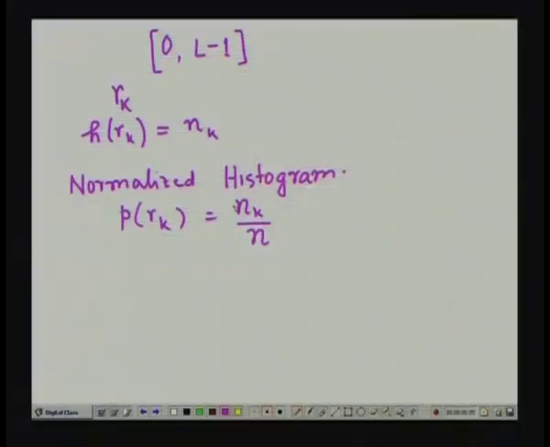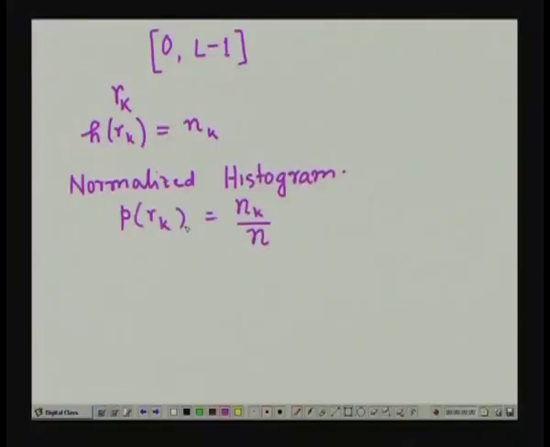This p(r k) tells you the probability of occurrence of a pixel having intensity value equal to r k. Such histograms give, as we said, a global description of the appearance of an image.